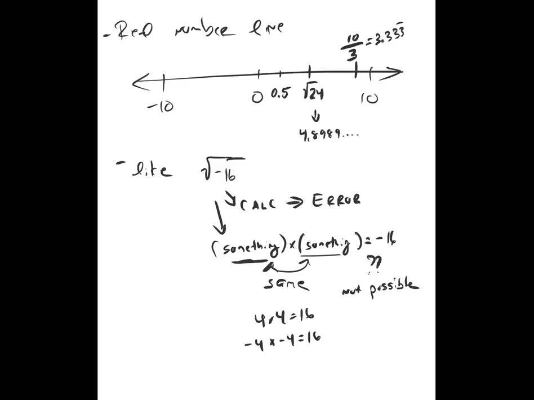But now all of a sudden we throw in this i. Now we use the number i, and we say, well, hold on. This is the same thing as saying i times the square root of 16. And the square root of 16 gives us 4.